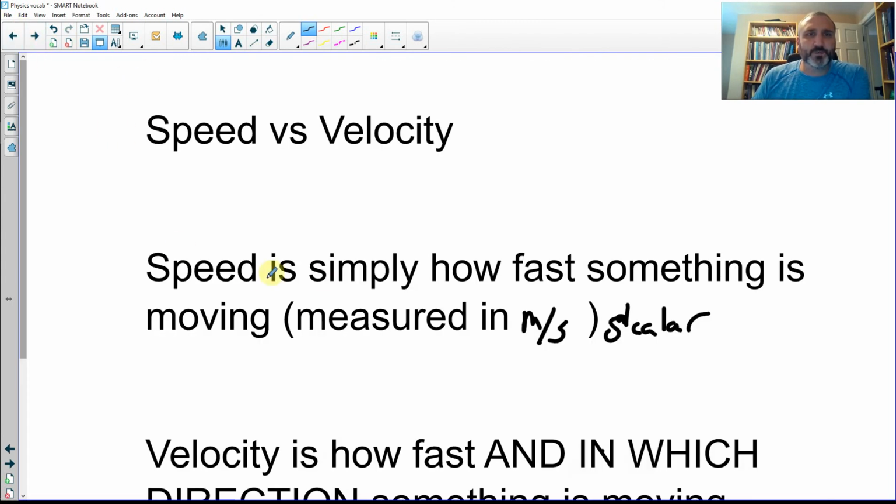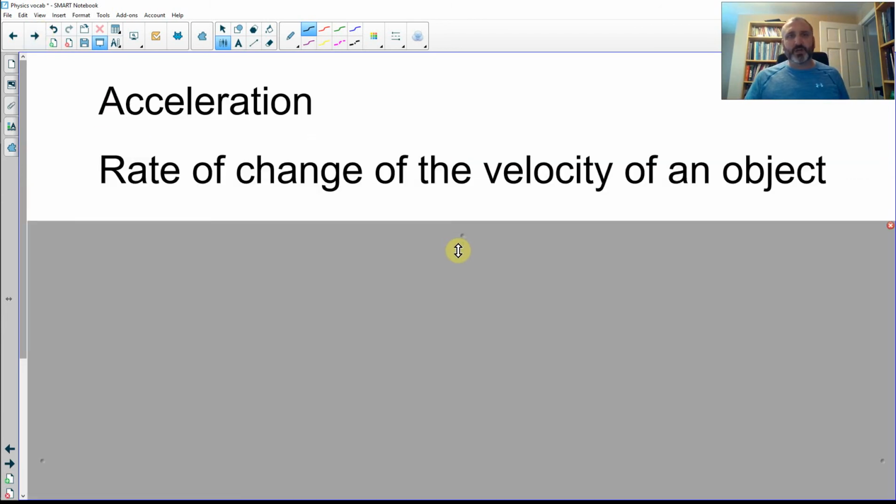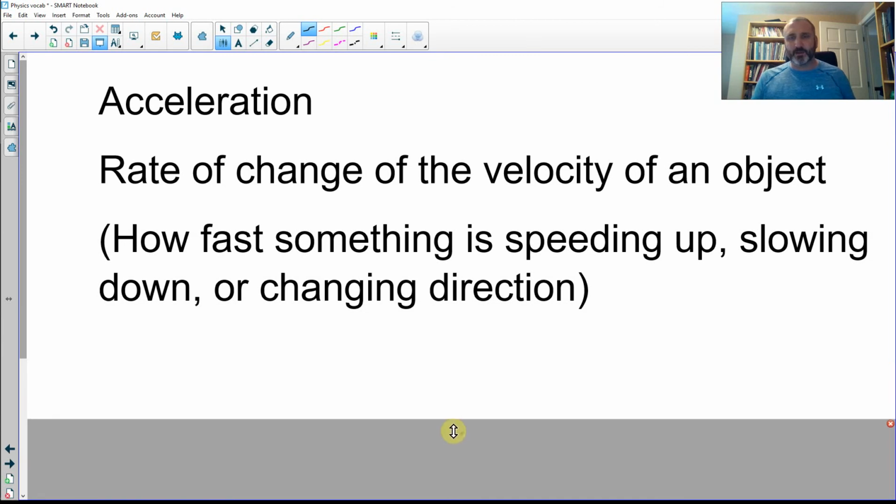So what happens when our velocity is changing? Well, when our velocity is changing, we call that acceleration. Okay, and acceleration is really the rate at which you are changing your velocity. And for most of us, we think that our velocity is our speed. And that's partially true.